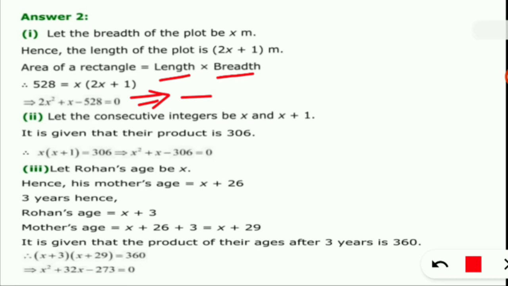For the second one, again this is a quadratic equation, so find the consecutive integers using the middle term factor. Next, again this is a quadratic equation, just using the middle term factor find Rohan's age and his mother's age.